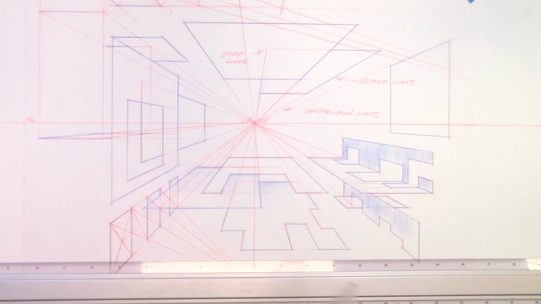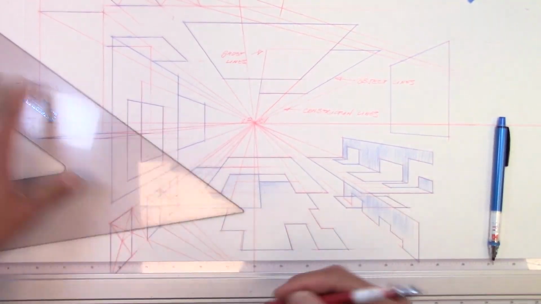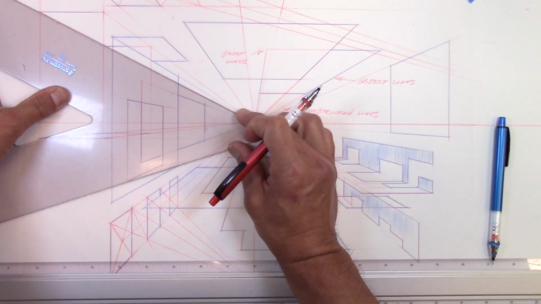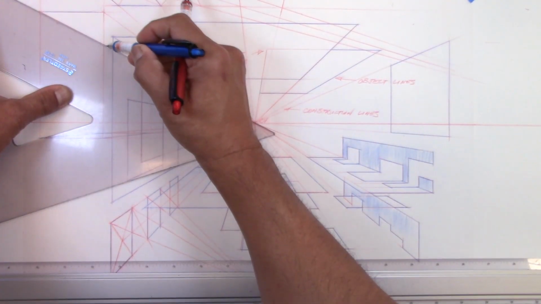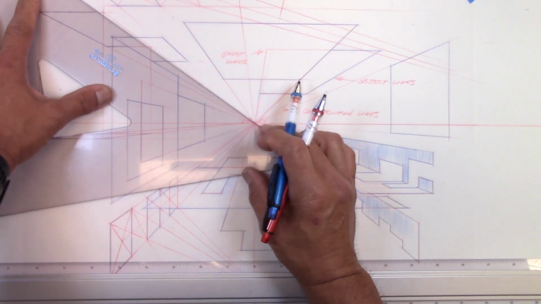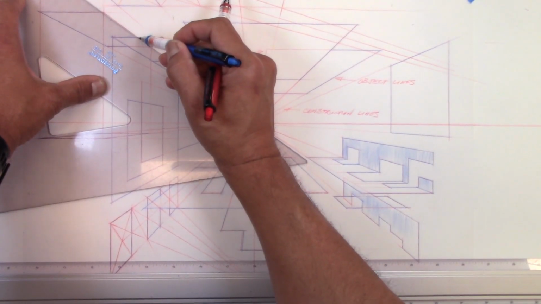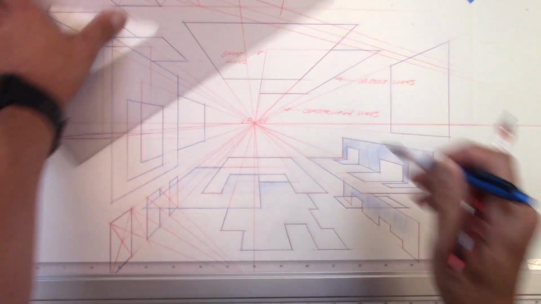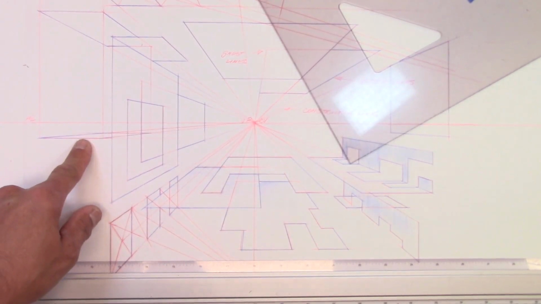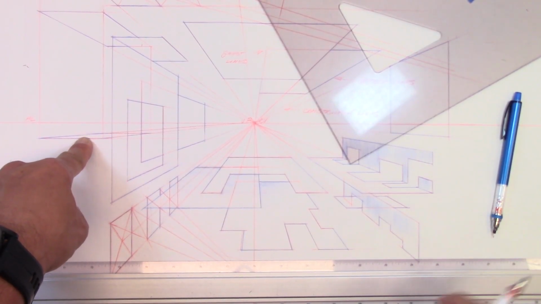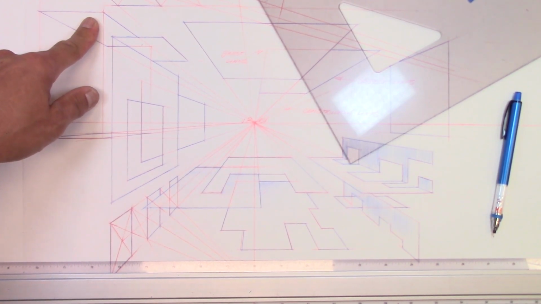So let's talk about why this looks the way it does. This plane up here is visually about 4 inches above the horizon line, versus this one here that's less than an inch above it. Because it is so far above the horizon line, or eye level, you can see more of the actual plane.